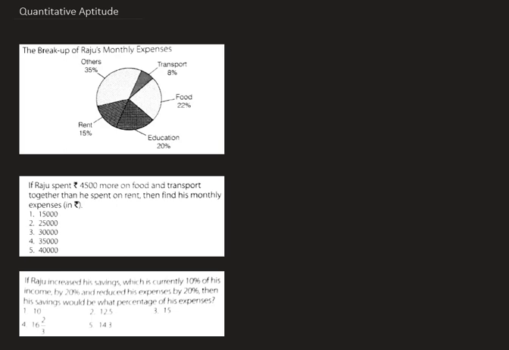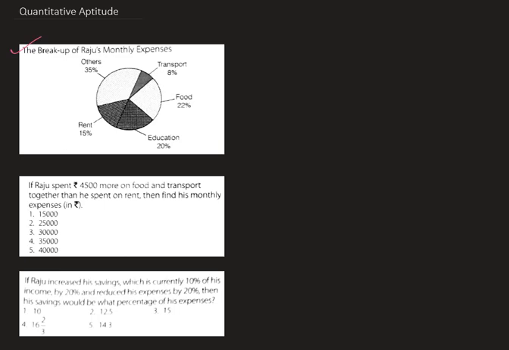So let's start with the first question. The breakup of Raju's monthly expenses is given, where the monthly expense for transport is 8% of his total expenditure. In food, he spends 22% of his expenditure. In education, he spends 20%. In rent, he spends 15%.